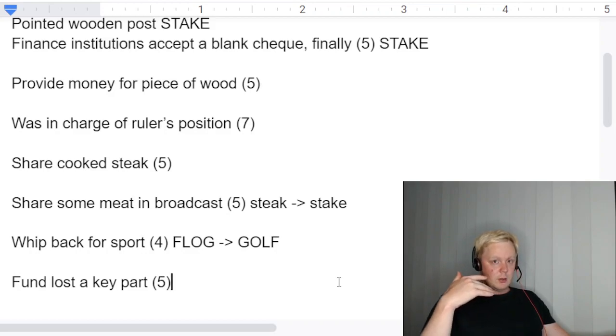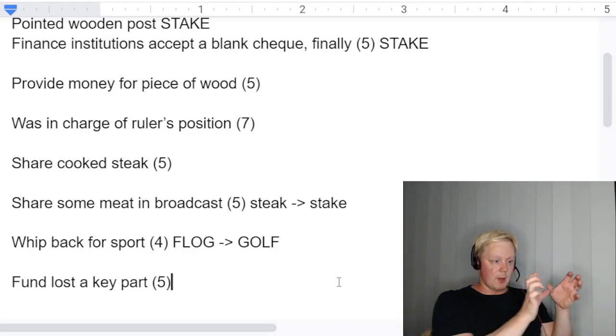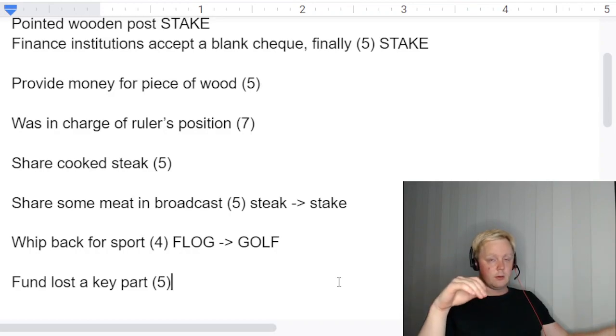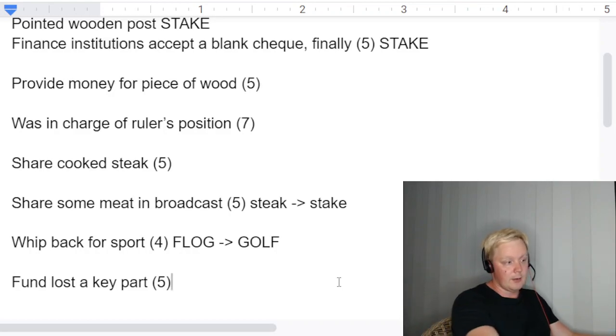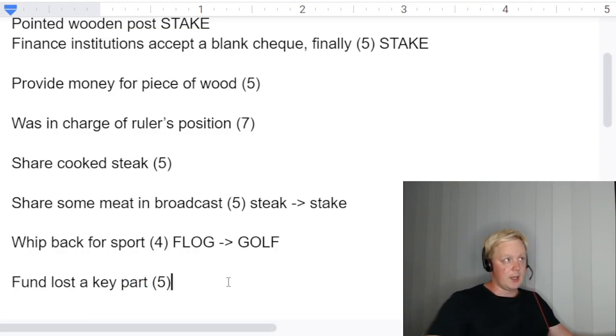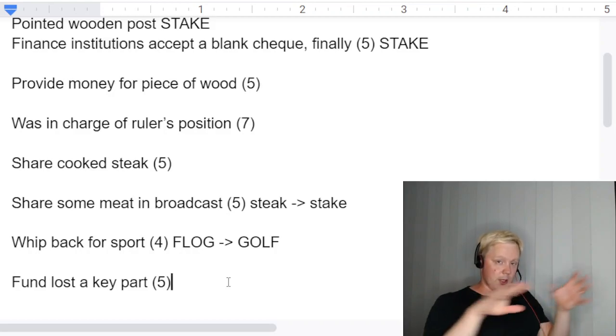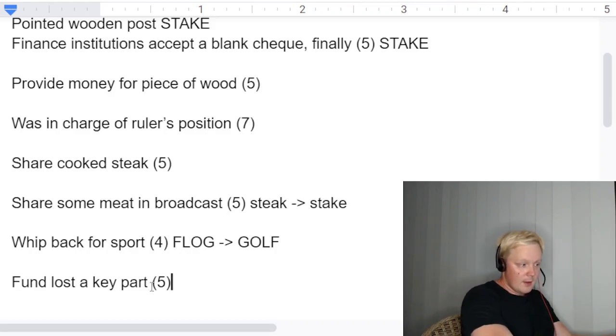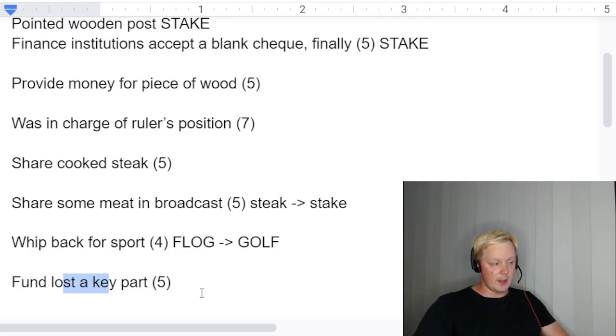But a hidden word is just taking some part of a longer string, and that is the answer, literally. Like for example, here we had part, which indicates you take a part of the preceding words, not all of them. And indeed, if you take a part of these words, lost a key, you find the word stake there.